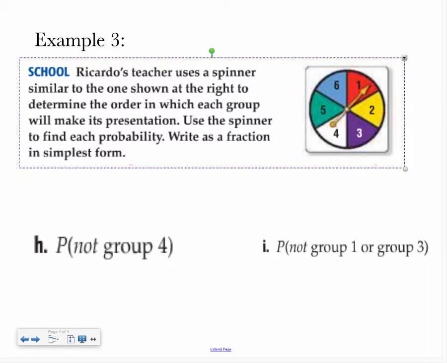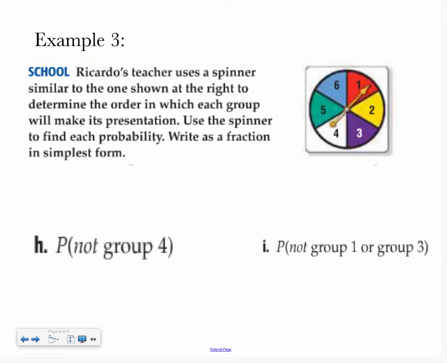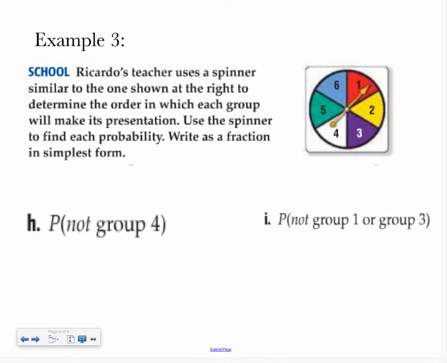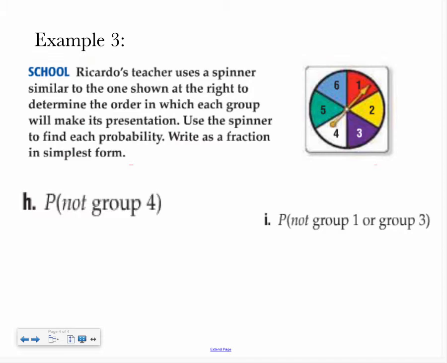Ricardo's teacher uses a spinner similar to the one shown to the right to determine the order in which each group will make its presentation. Use the spinner to find the probability and write as a fraction in simplest form. Okay, so what's the probability of it not being group 4? Well, how many groups do we have? What's our total?